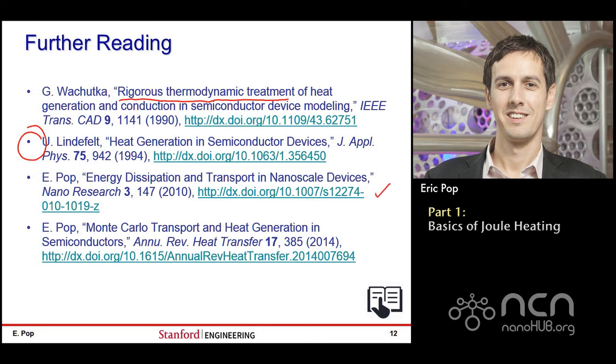Then a review article which will also crop up in later parts of this short course, which I wrote about 5-6 years ago, and a more recent review article which will also come back later, which contains additional discussion of various heating mechanisms in semiconductors, going a little bit beyond the scope of this short course.